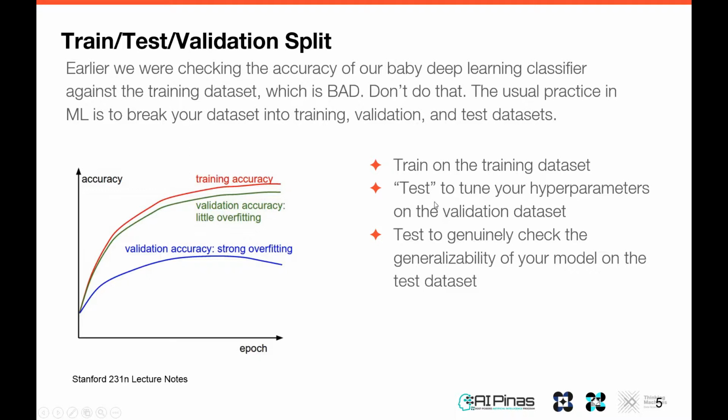Once that's true though, you still want to do a genuine first look test, because the validation dataset is no longer a genuine test dataset since you have been tweaking your hyperparameters to get it to that point. So you want to have one last small test dataset in reserve to genuinely check how generalizable your model is.